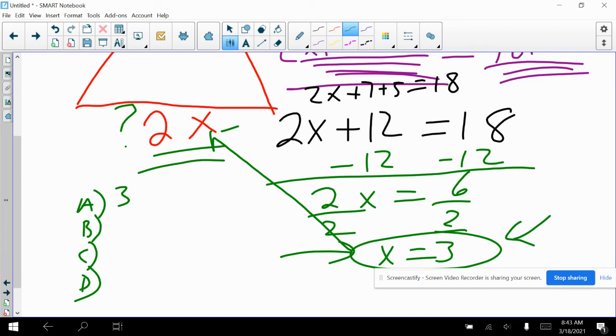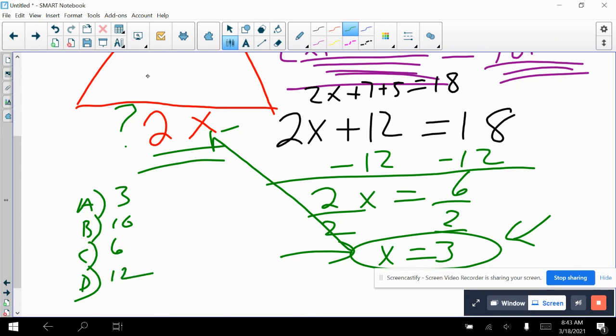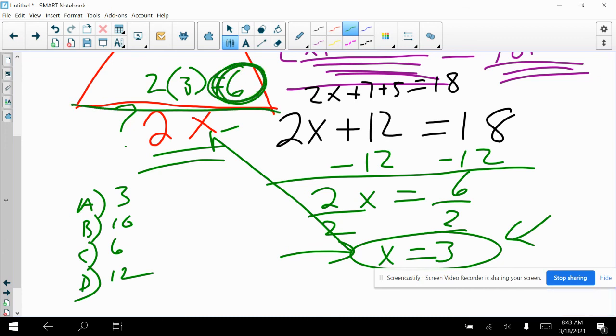So maybe this will be, I'm making things up, you plug that back in, 2 times 3 is 6 is the value, or the length of the base of the triangle. That's why checks are really important. Does that make sense? I know at this point I highly doubt that you value your checks, but I would get in the habit of it, especially when it comes to algebra.